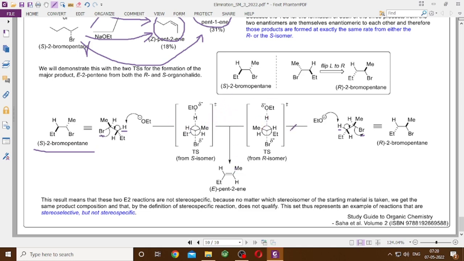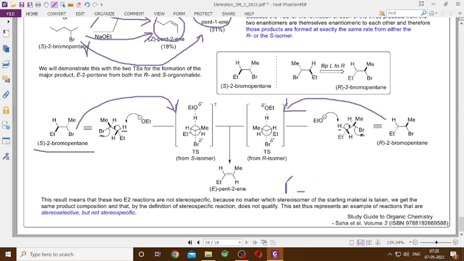They are mirror images of each other, but they are not superposable. If the transition states are enantiomeric and your starting materials are enantiomeric, we know that the free energies of enantiomers are the same. Therefore, the activation energy for accessing this transition state from S-2-bromopentane and accessing this transition state from R-2-bromopentane are the same.